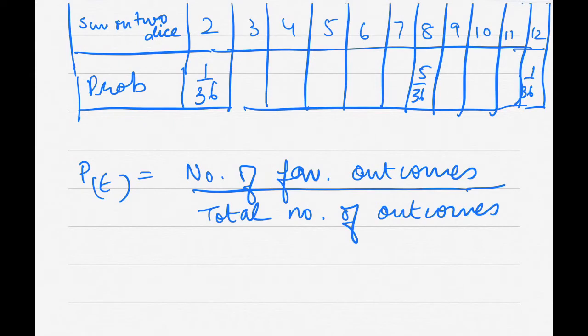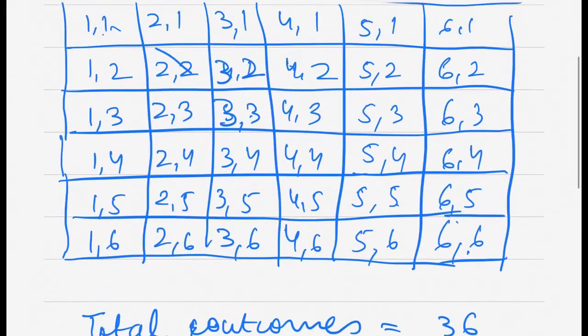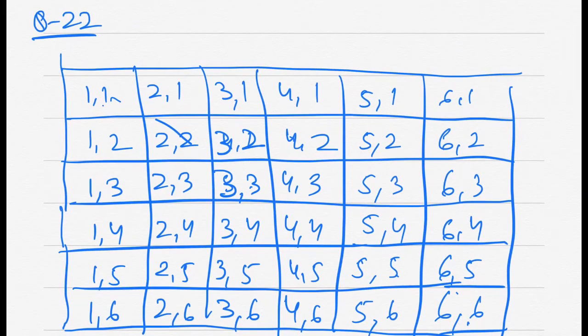Now this is the first part of the question. The sum of 2 is already given, so I'll go for the sum of 3. I'll go back to the table and look for sum 3. Others are 2, then it becomes more than 4.